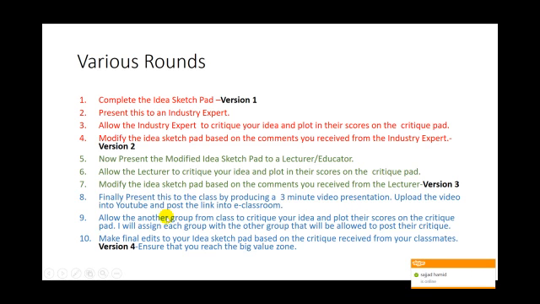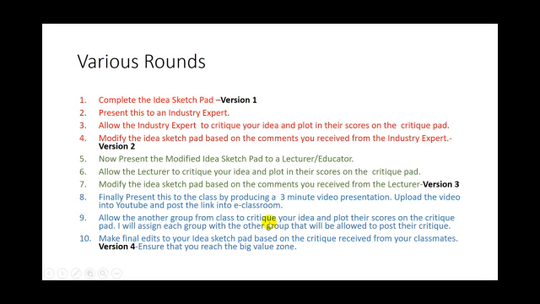Once the video is uploaded into the e-classroom, I will ask another group from the class to critique your idea. So they will be the third group of persons who would criticize your idea. I would assign the groups. Once the groups are finalized by Friday of this week, I would assign which group will be allowed to critique the other group and so on.